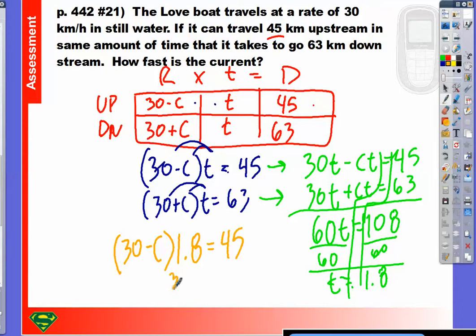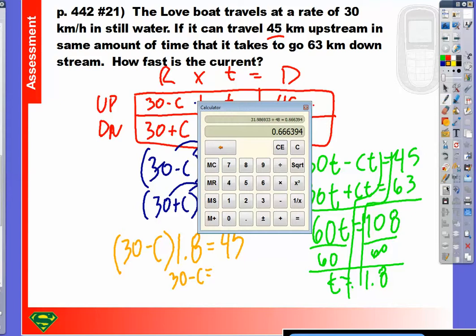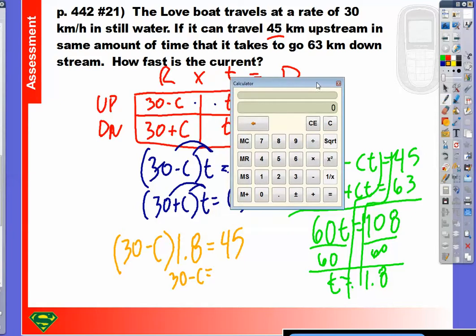So we have 30 minus C is equal to 45 divided by 1.8. You get 25, there you go. And so you get negative C is equal to negative 5, therefore C is equal to 5. Oops, that's not what I wanted.